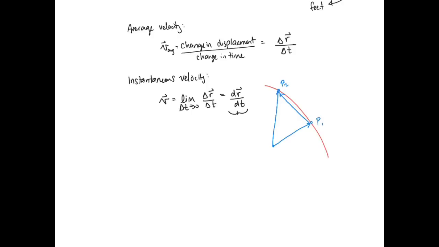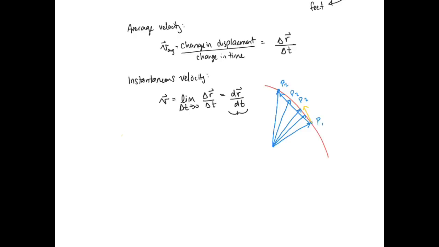Now, as delta t decreases, it means that the distance between the two positions is decreasing. So now P2 isn't there anymore, now P2 is here. If delta t gets even smaller, then the distance has decreased even more. And the smaller that your delta t gets, this displacement vector becomes tangent to the path of motion.